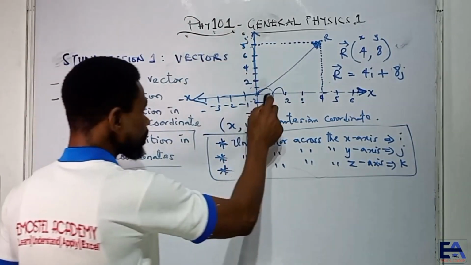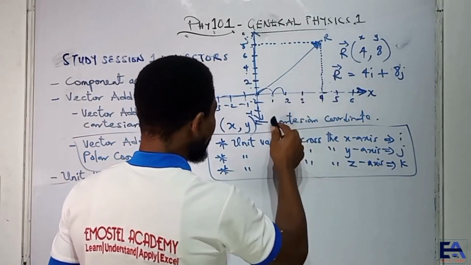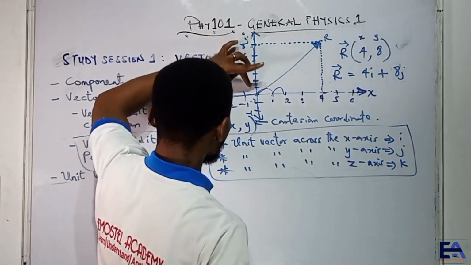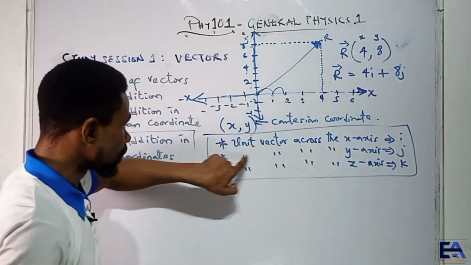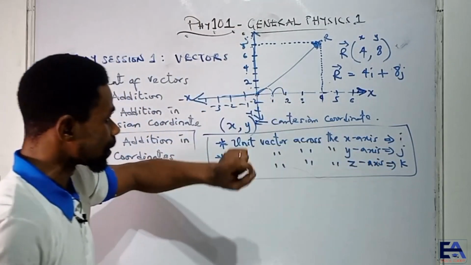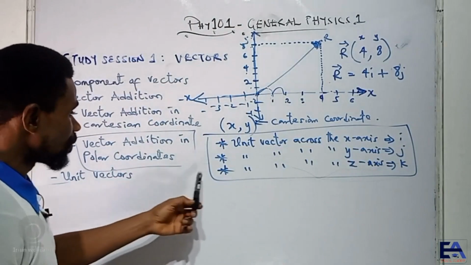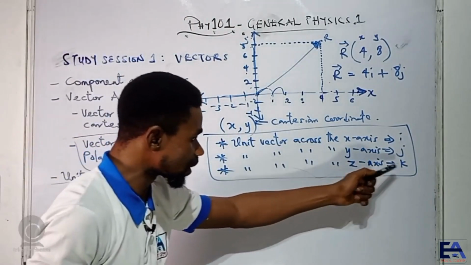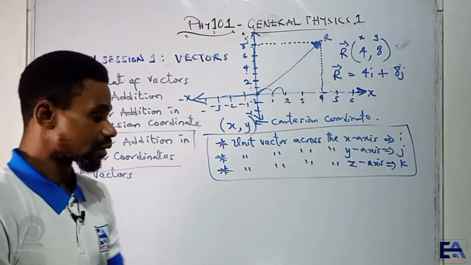Because we count the magnitude 4 times, 4 units, that is the reason why we have 4i. And then for each unit across the y-axis, that is the reason why we have 8j, because the unit vector of y-axis is represented by j. Do you understand? And then if we have a 3-dimensional plane, the unit vector is represented in that case as k. You understand?